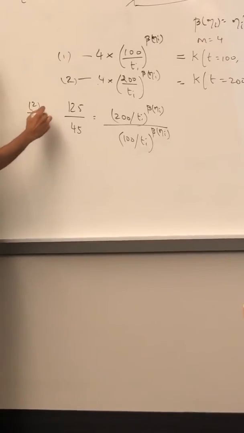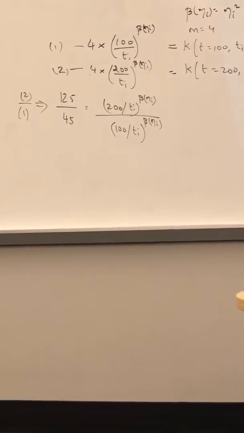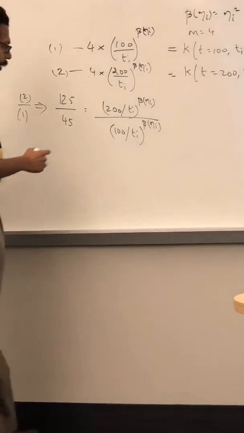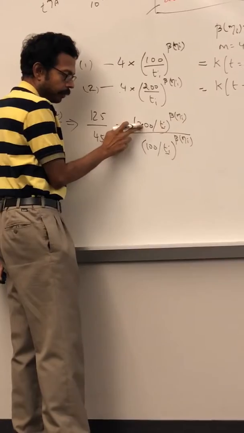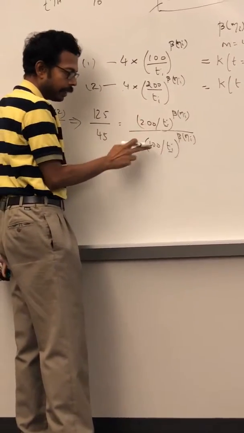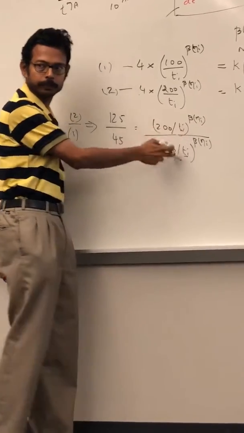So we can write down like this. The reason we did this is because we can get rid of this Ti. This is something over Ti raised to beta, again something over Ti raised to beta, so Ti can cancel out.